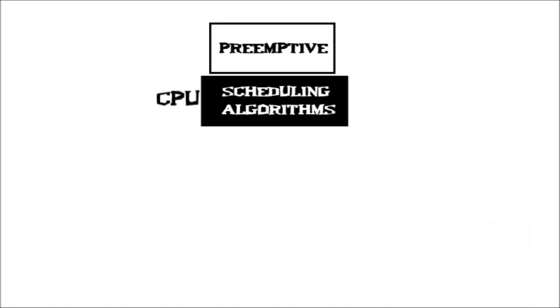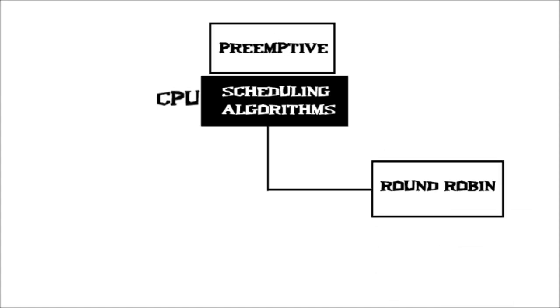Some examples of preemptive scheduling algorithms are round robin. In the round robin scheduling algorithm, a process in the ready queue is executed for a fixed quantum of time, and preempted. This process goes to the ready queue again, and another process is executed for the same amount of time.